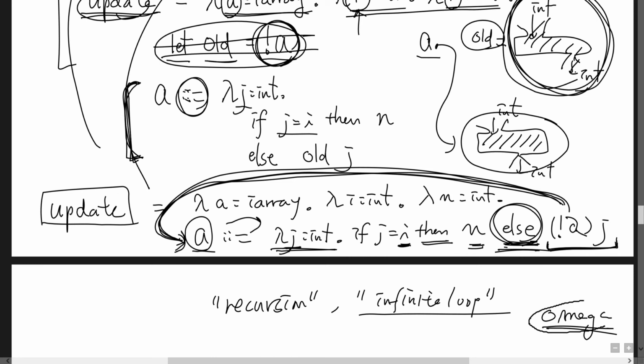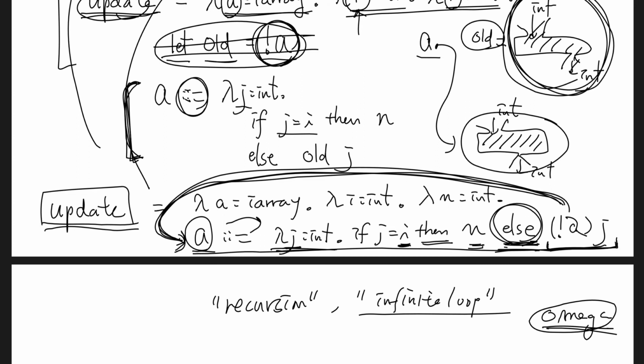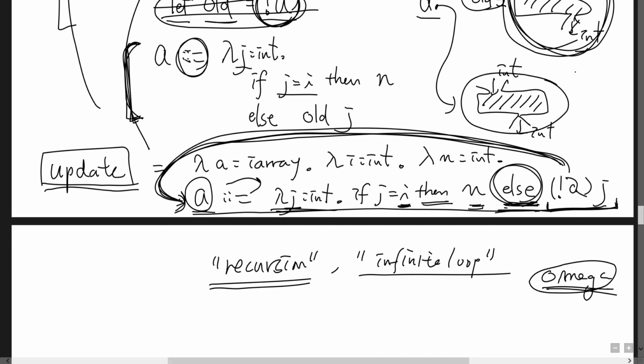And the presence of this omega expression was strong evidence that you can actually implement the general form of recursion. And similarly here, with the mutable references, you can implement infinite loop. And you can generalize this idea, and you can implement recursion in terms of mutable references.